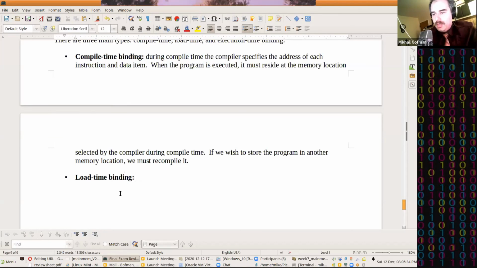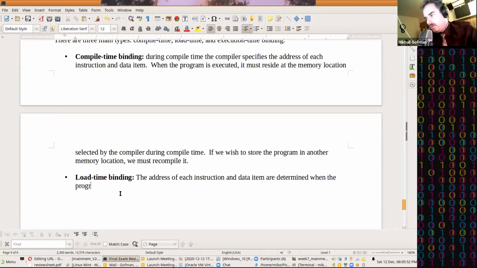Then the second one is load time binding. In load time binding, the address of each instruction and data item is determined when the program is loaded into memory.